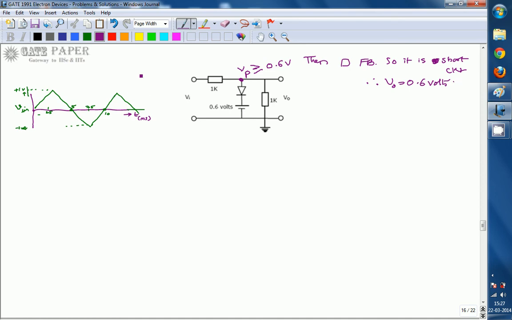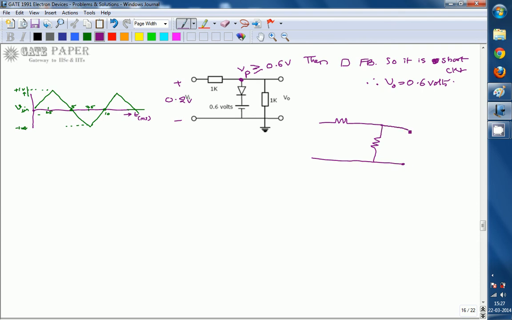Let us assume you are applying 0.2 volts of positive voltage. It is lesser than 0.6, so the diode acts as reverse biased. Under reverse bias, the diode acts as an open circuit. So we simply neglect that branch in the circuit diagram.